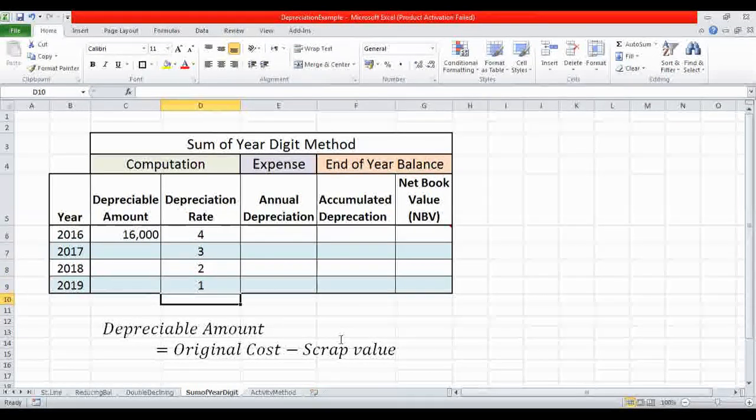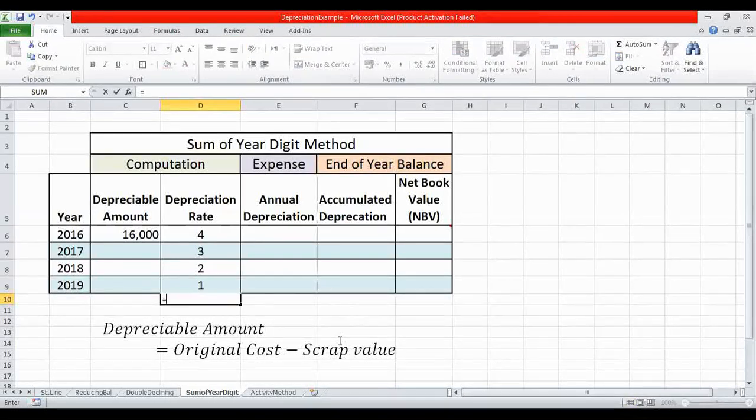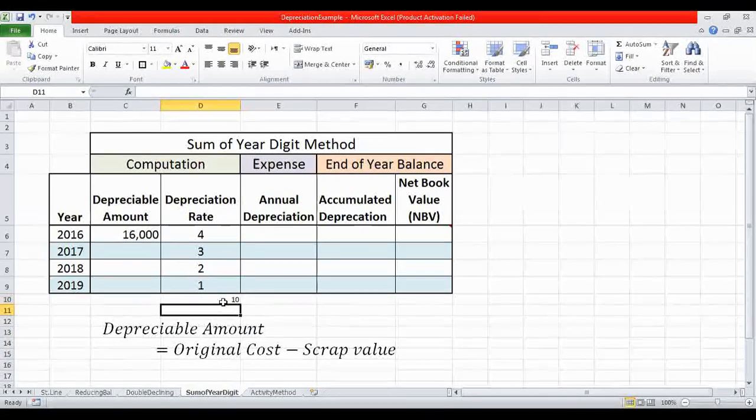So in the sum of year digit method, what we are going to do is add up all these values. The sum of all these values is going to give us 10.